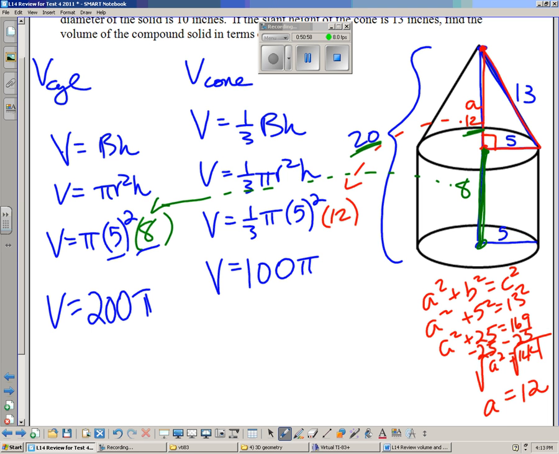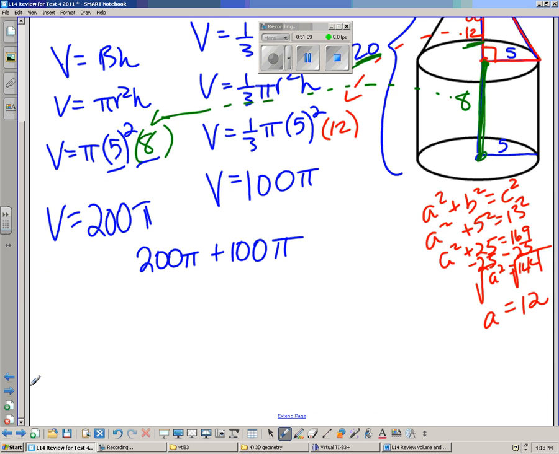The volume of the cone was 100 pi. And we want to find the volume of the whole thing. So we can take 200 pi plus 100 pi. Think about this for a moment: 200x plus 100x. Instead of the pi, I'm putting an x in. Well, we know that's 300x.